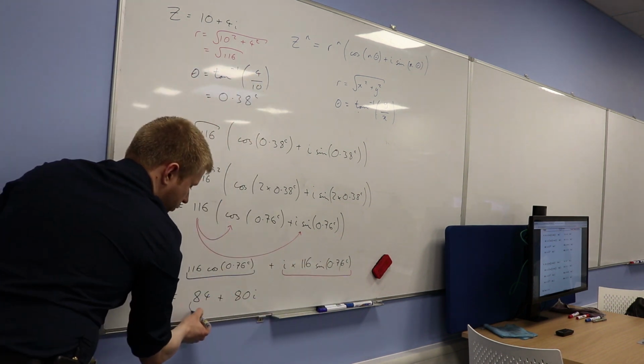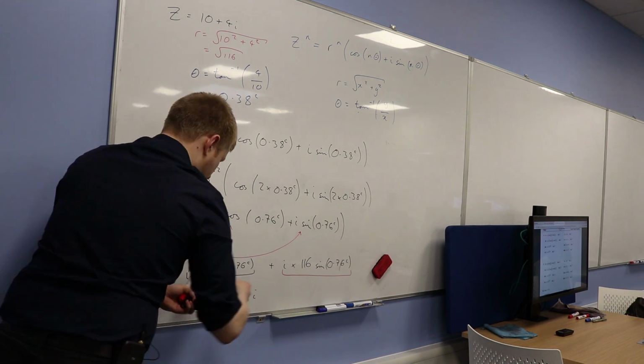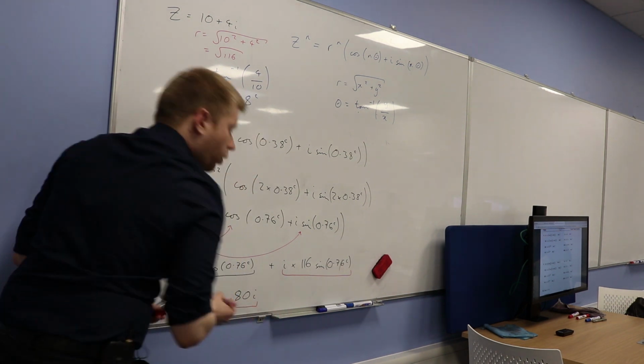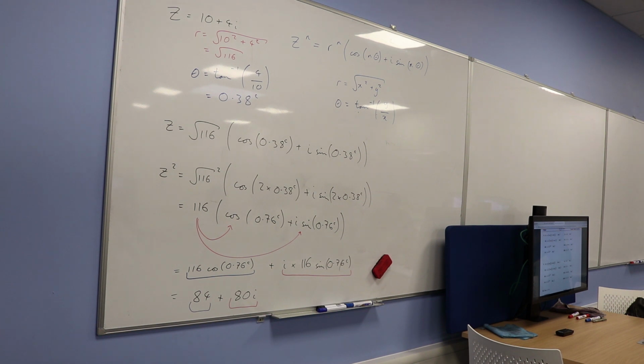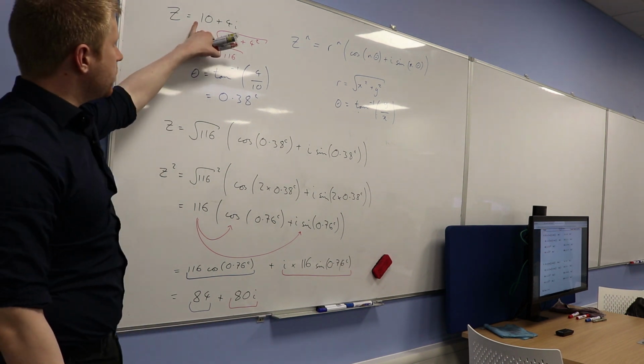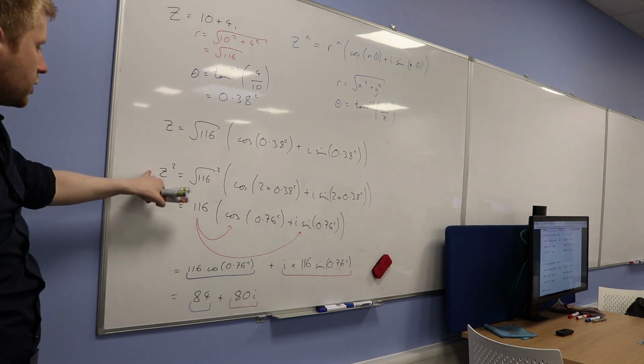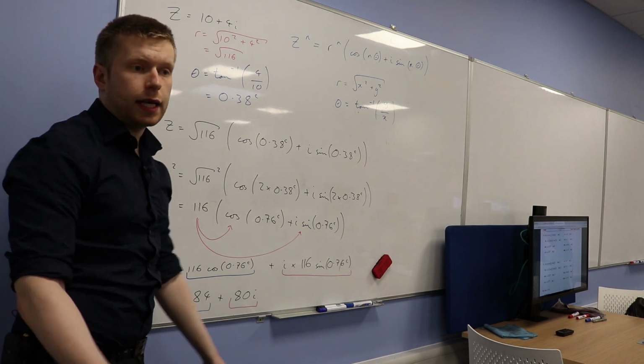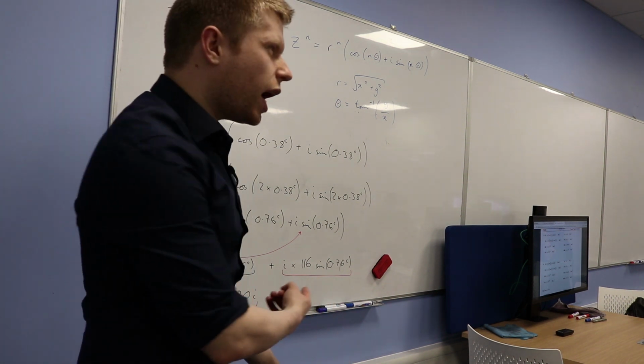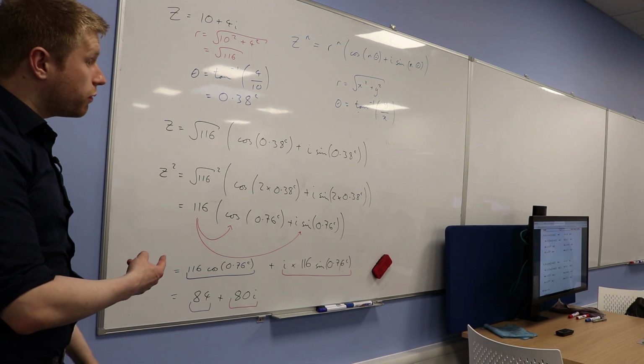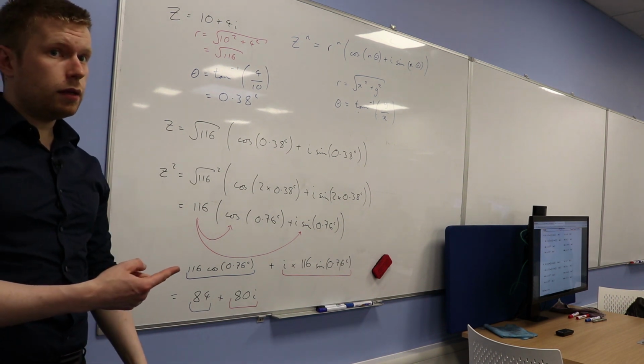You're happy that corresponds to that, and that corresponds to that. So if z is equal to 10 plus 4i, z squared is equal to 84 plus 80i. Is that okay? That's just a revision of what we've been doing before. Yeah? Good.